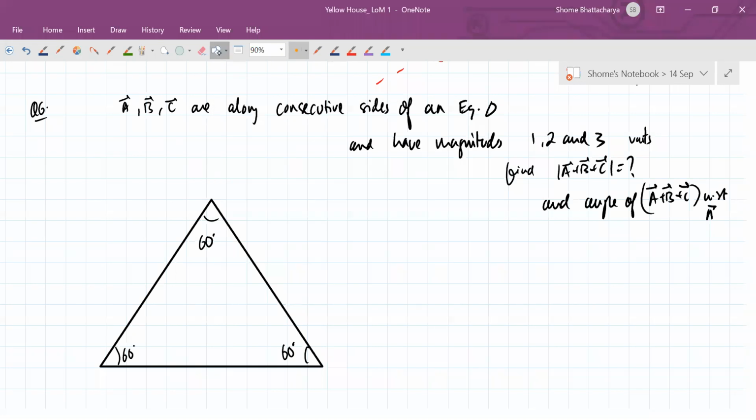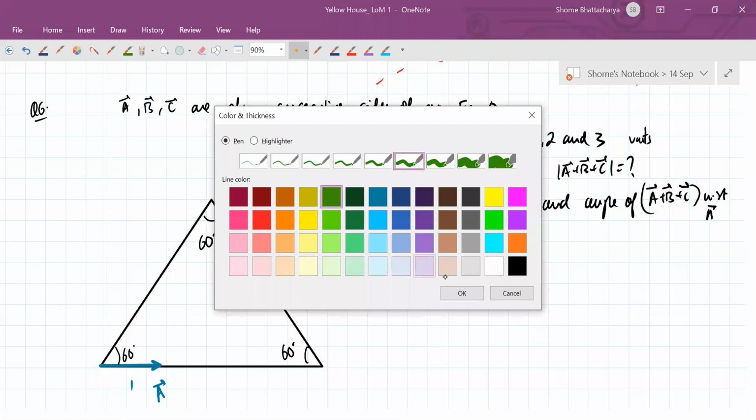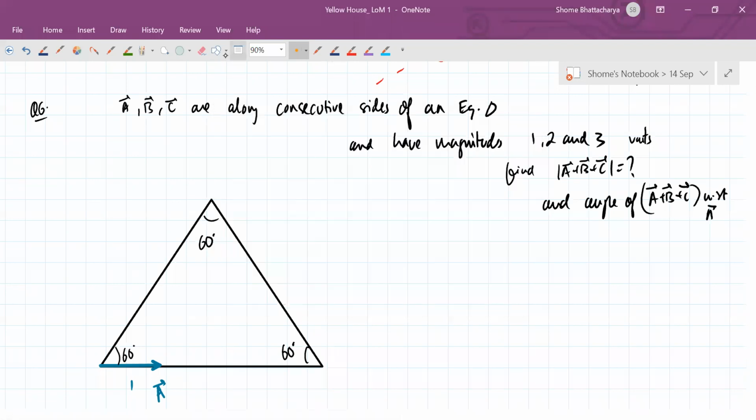So that means, suppose A is a vector like this. Its magnitude is 1. Then B must be a vector like this. It's lying along the next consecutive side, but its magnitude is not 1. Its magnitude is 2.